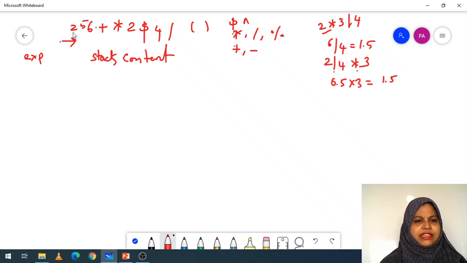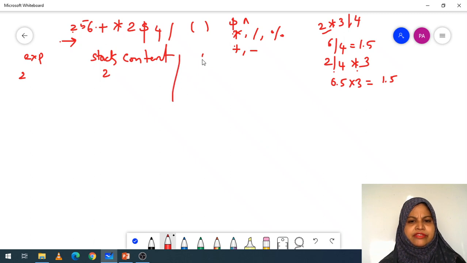My first token is 2. Whether 2 is an operator or operand, 2 is an operand. Whenever any operand occurs, we have to push it into this stack. Now my stack consists of this 2.